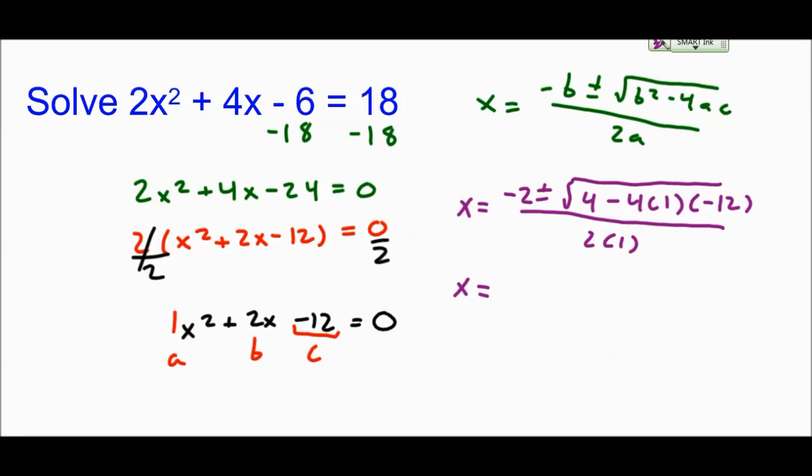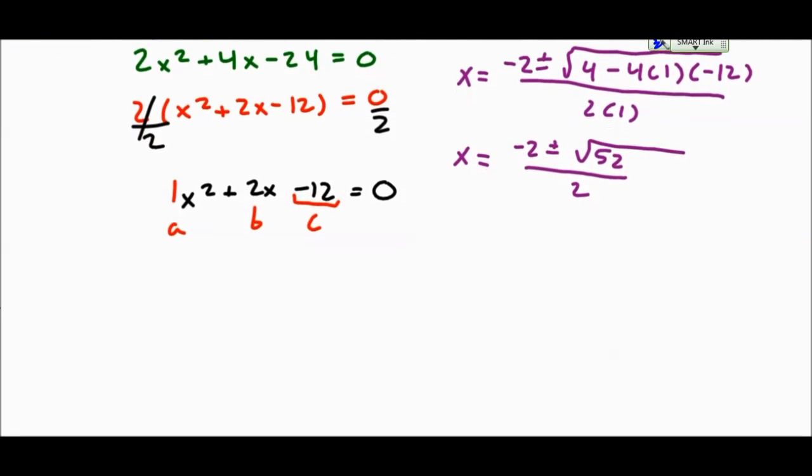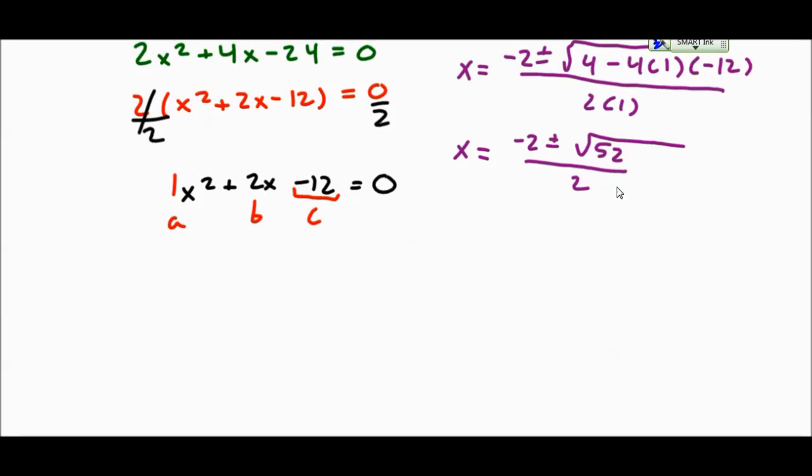So that gives me x equals negative 2 plus or minus the square root of, let's see, that is 48 plus 4, so that's 52, all over 2. Now instantly I know that 52 is not prime, because 52 is an even number. So I'm going to simplify this radical.